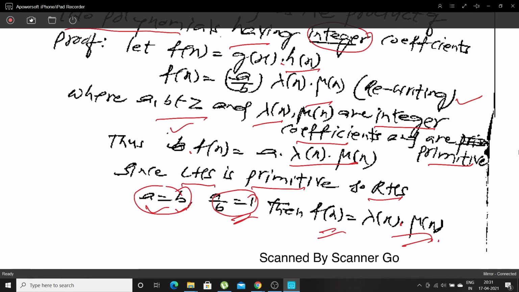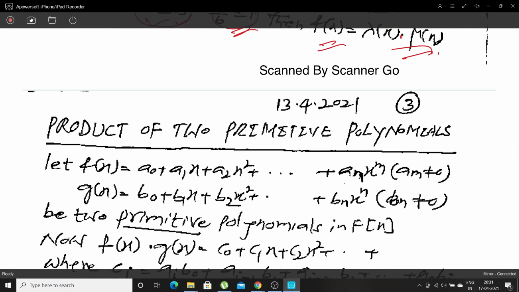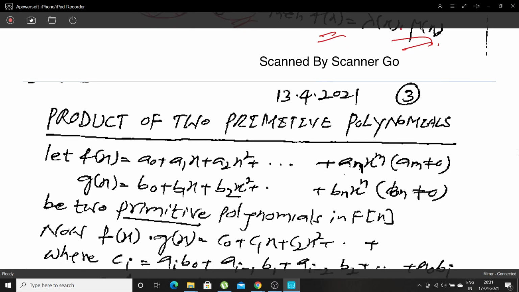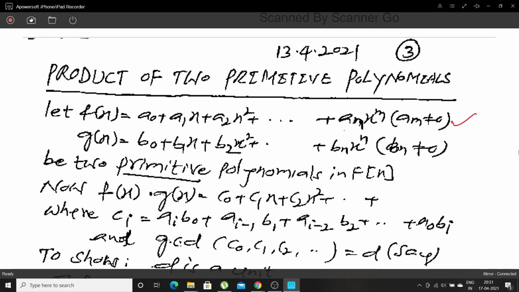This lemma will help us to prove an important theorem, that I will take later. Product of two primitive polynomials. Let me take an important result. The product of two primitive polynomials. I'll denote the first polynomial by f of x and the second polynomial by g of x. The coefficient of x to the power m is a_m, it is not equal to 0.